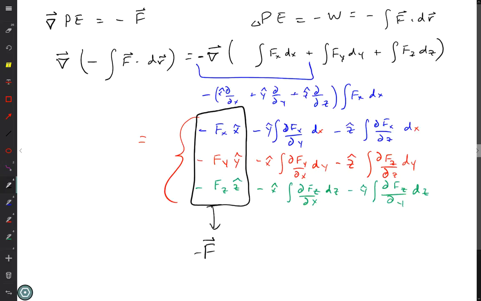Integrals with respect to x, I had, where are they? Yeah. So this here dfx dy has to be equal to this dfy dx. I didn't put this all together beforehand.